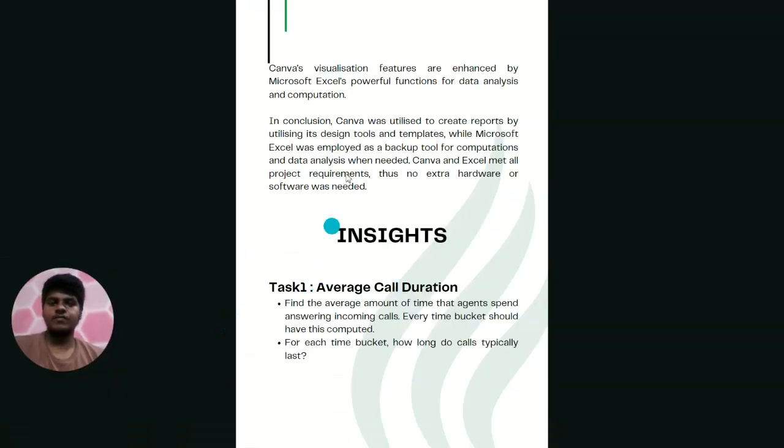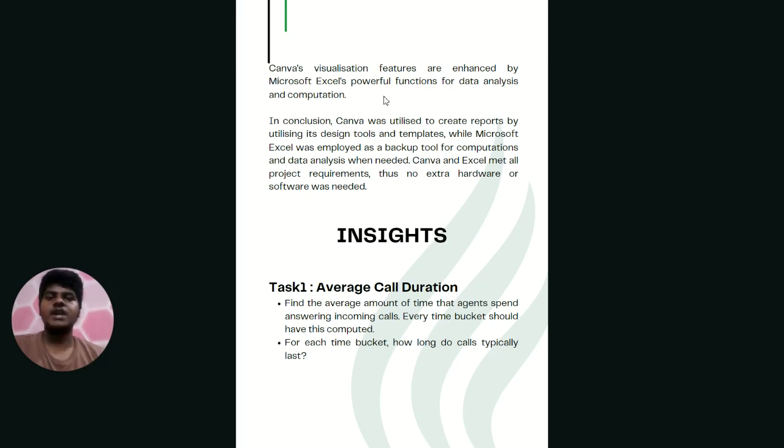Coming to the report. By doing this analysis, the data reveals significant disparities in call duration across different time periods. Specifically, calls exhibit the longest average duration between 7 to 8 p.m., that is time bucket 19 to 20, while the shortest average duration occurs between 12 to 1 p.m., that is time bucket 12 to 13.